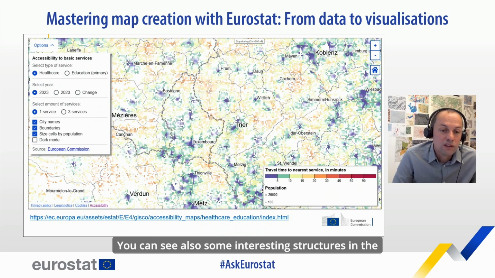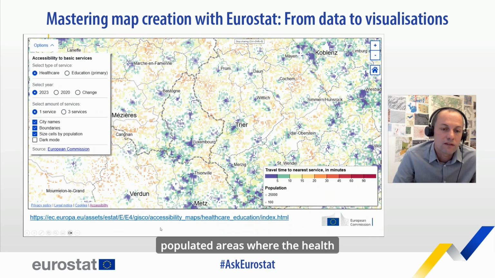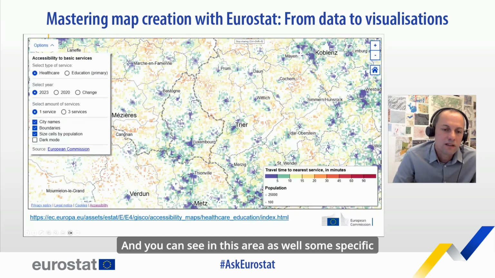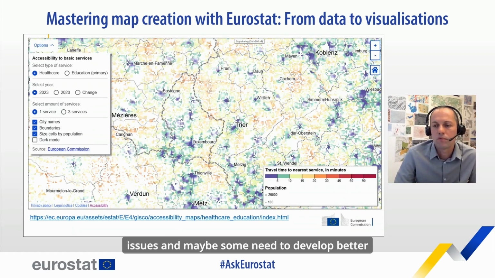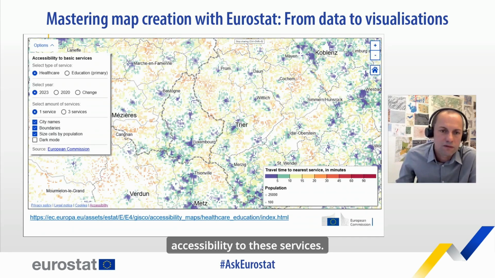You can see also some interesting structure. In the north of Verdun, you have some sparsely populated areas where the healthcare services are not so present. And you can see in this area as well some specific issues and maybe some need to develop better the accessibility to these services.